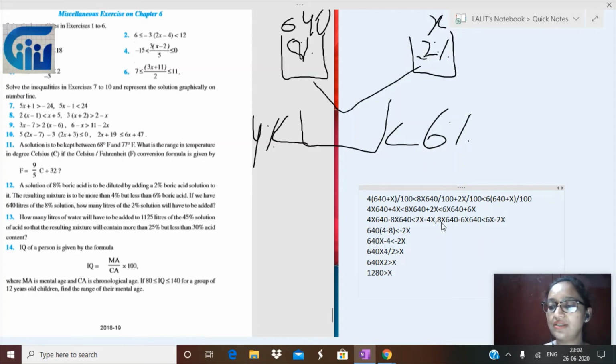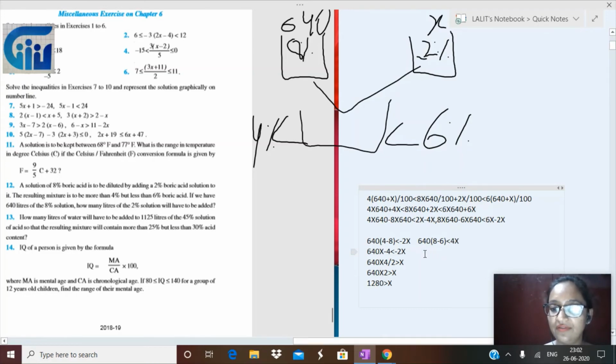So first we have solved this particular part. Now if we solve this particular part, if I take 640 common again, we will have 8 minus 6 within brackets, and this will be strictly less than 4x, right?